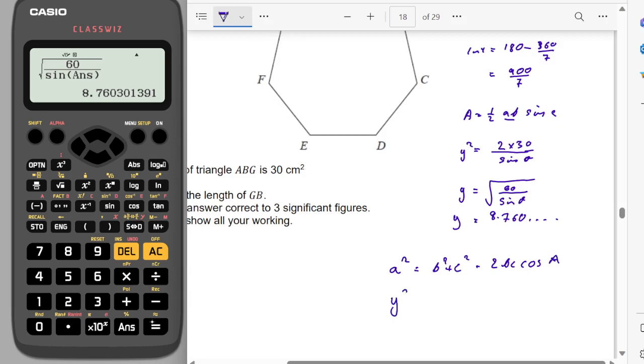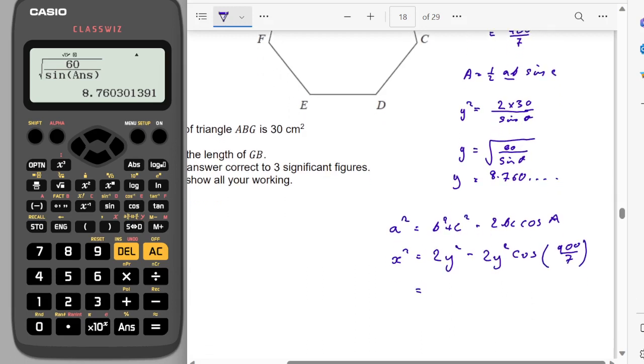Right, so y squared is going to be equal to, no, not y squared, x squared is going to be equal to 2 lots of y squared, 2y squared minus 2y squared cos, not y, cos of 900 over 7.